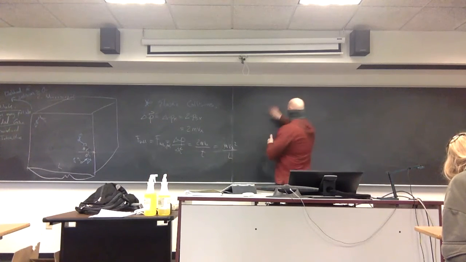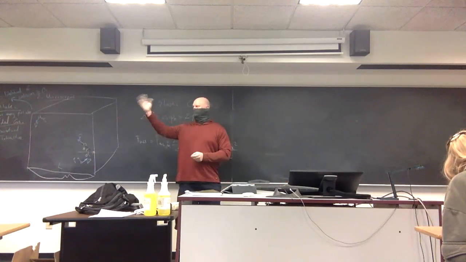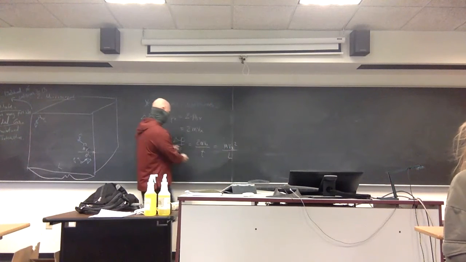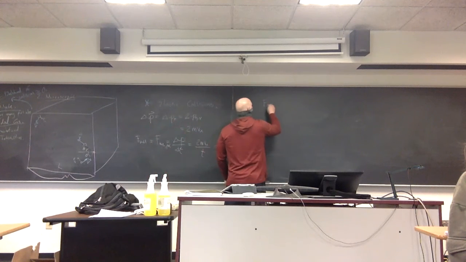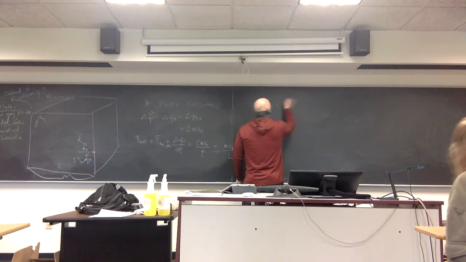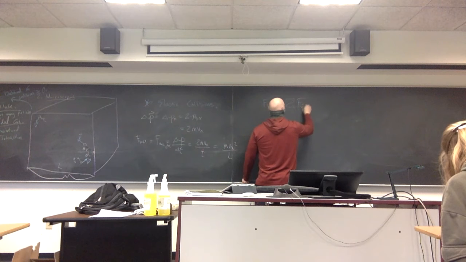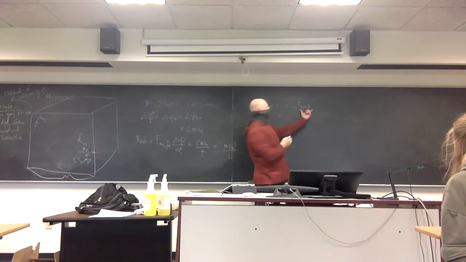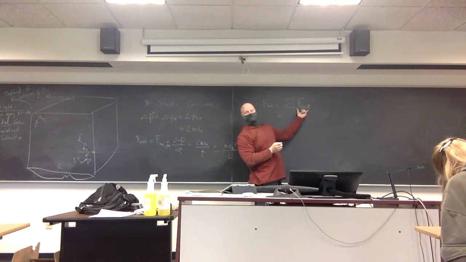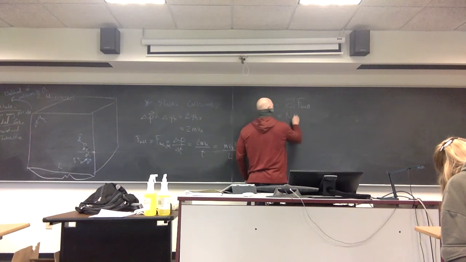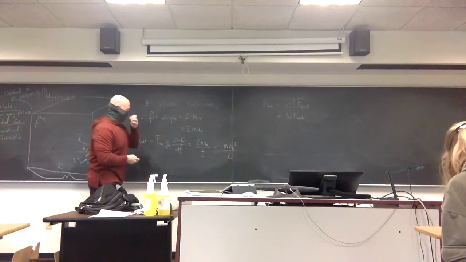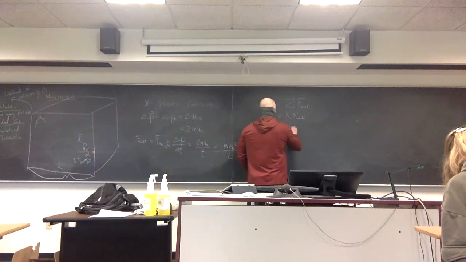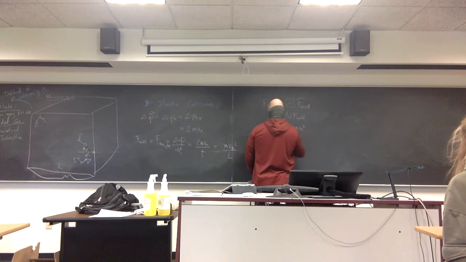So if I wanted to know the total force on the wall due to all the particles in the room, if this is the average force from one particle, then the average force from each particle will be exactly the same, which means the total force on the wall is going to be simply equal to the sum over all of these average forces on the wall. But since all of these guys are the same, I'm simply going to add n number of these if there's n number of molecules. So this is going to be equal to n times m times vx squared divided by the length.